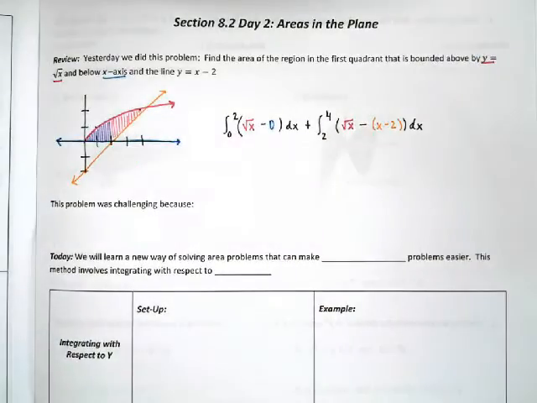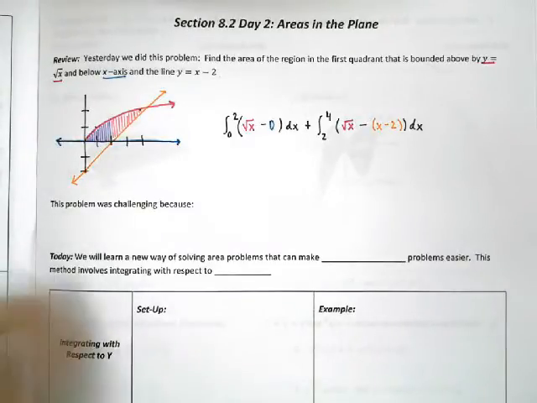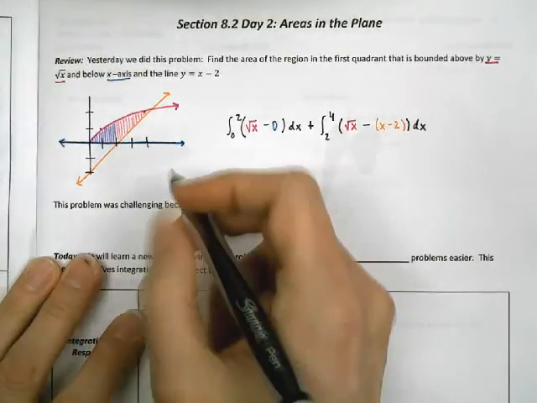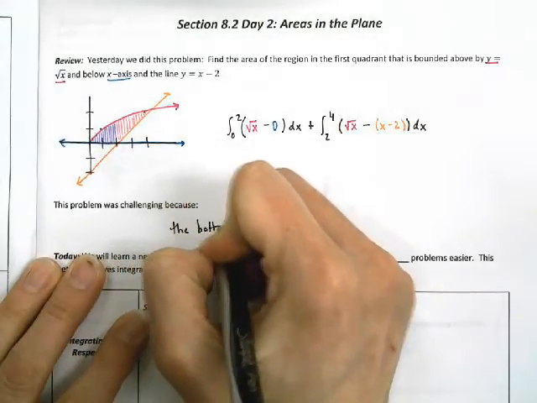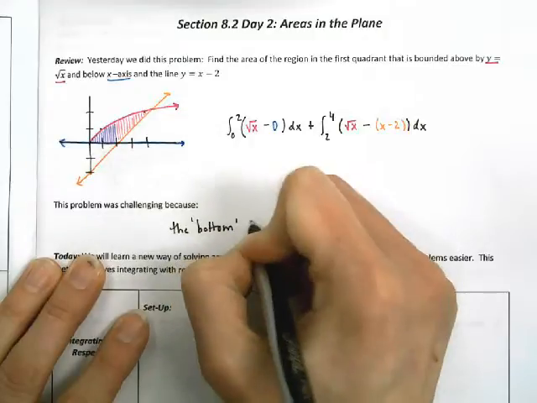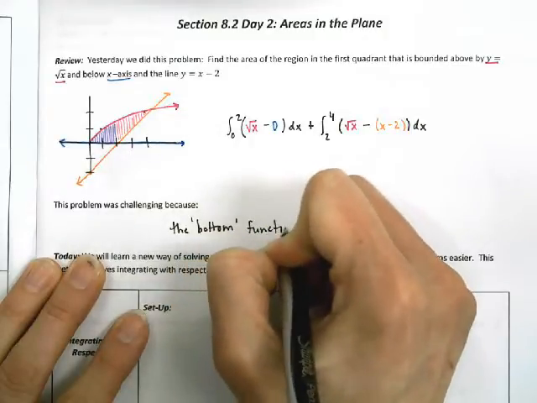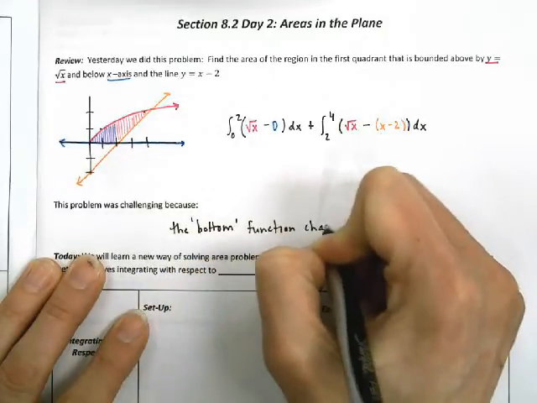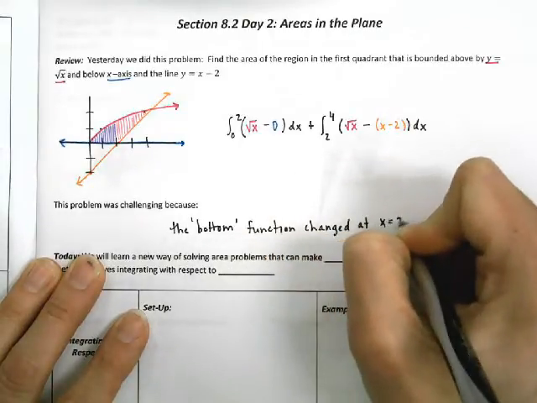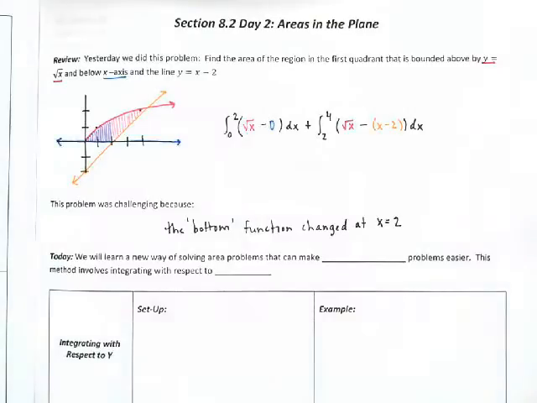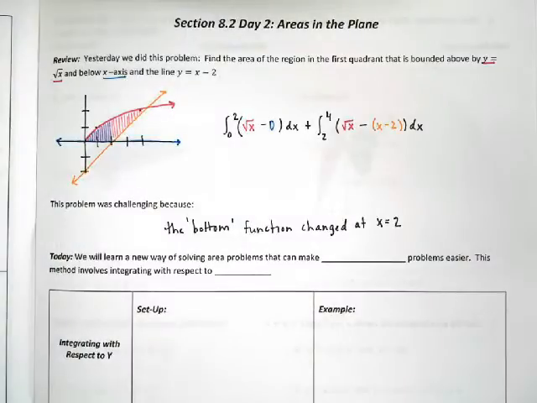Okay, and so again, we're not going to worry about evaluating that for right now. But the issue here, the big point, is that this was challenging because the bottom function changed at x equals 2. So we needed to split it up in those two integrals.